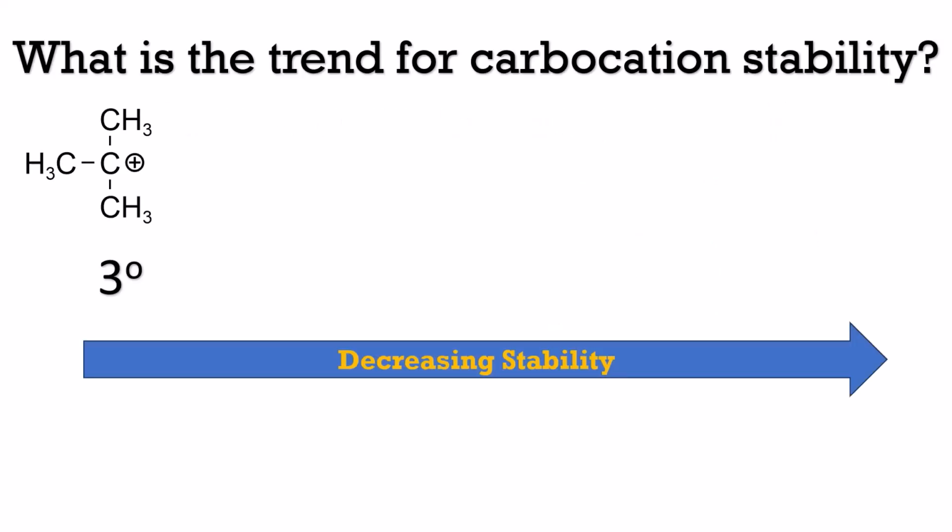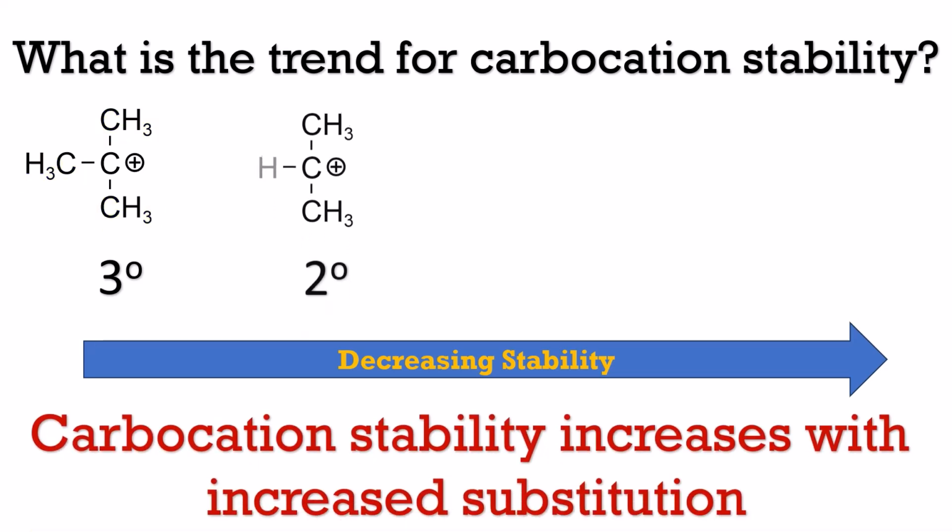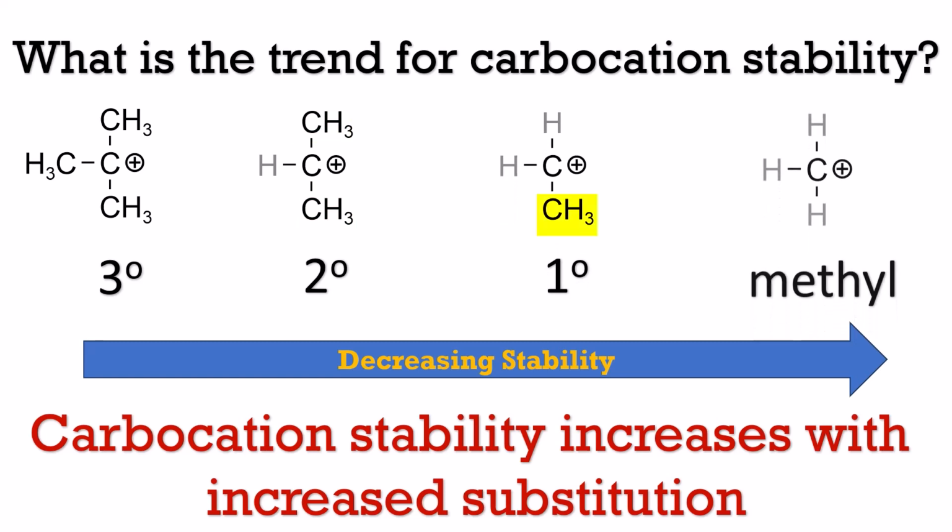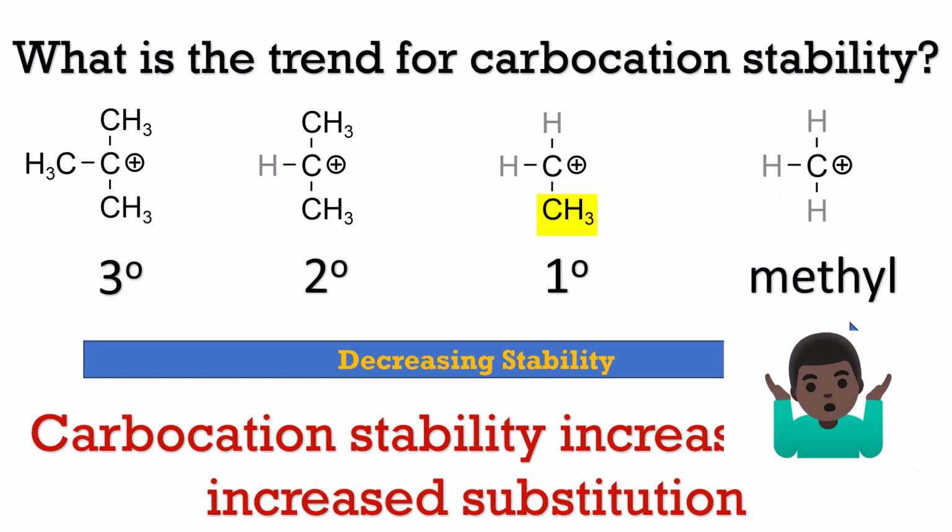So let's talk about carbocation stability. I have here on the screen a tertiary carbocation, which you can see has three carbon substituents around the carbocation. And then I have a secondary, which you also notice has two carbon substituents. And the primary only has one carbon substituent, and then the methyl has no carbon substituents.